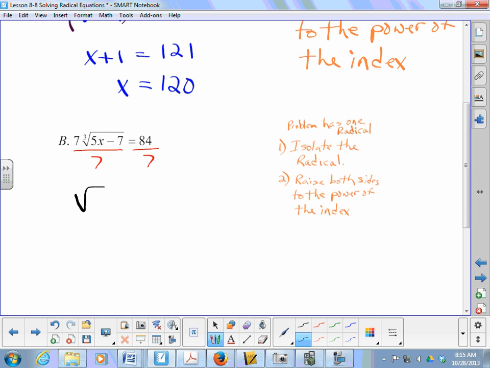So we get the cube root of 5x minus 7 equals 12. All right, so we've isolated the radical. So step 2, raise both sides to the power of the index. And the index in this case is 3. So we're going to cube both sides.